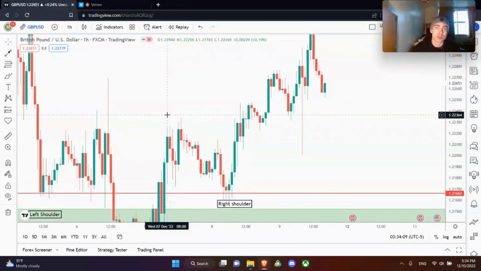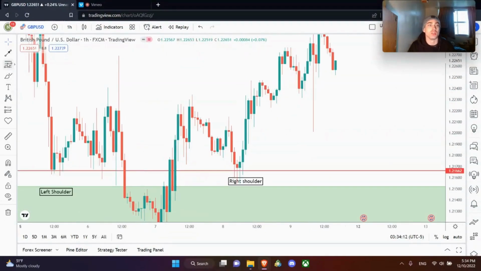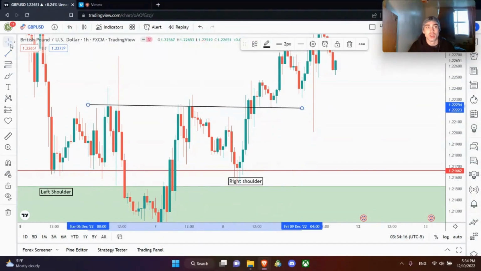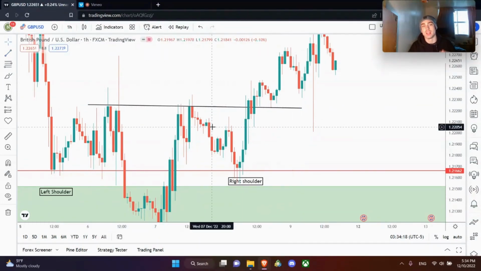Now the conservative entry is the break of this neckline of this head and shoulders, and then we wait for that retest. On that retest is where we enter the conservative entry.